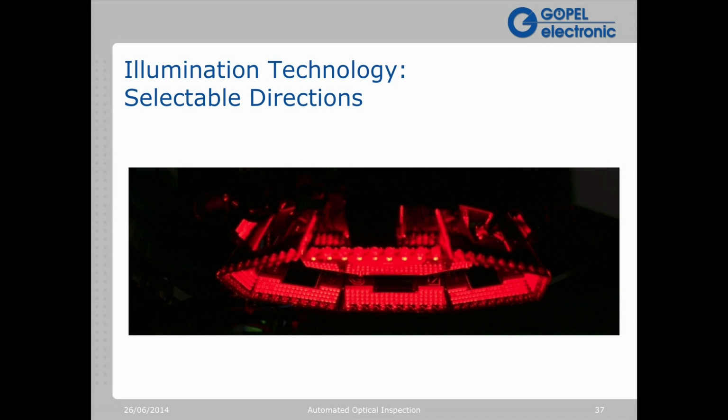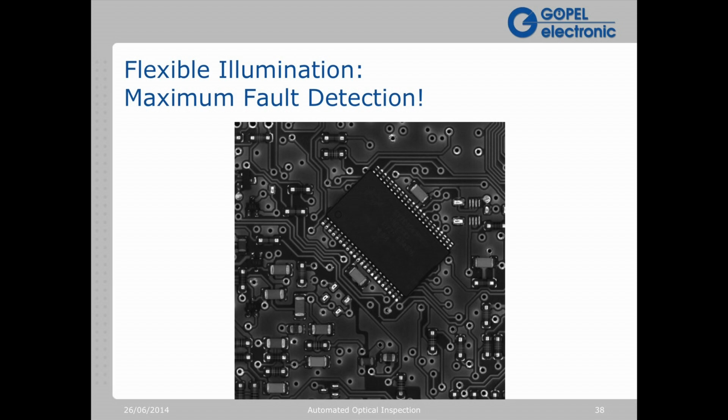In addition to that, there are other benefits that come from having a wide spectrum of lighting available. For example, ultraviolet illumination is often very effective in making fiducials more visible and easier to detect. Infrared illumination for component detection with low contrast is very effective.